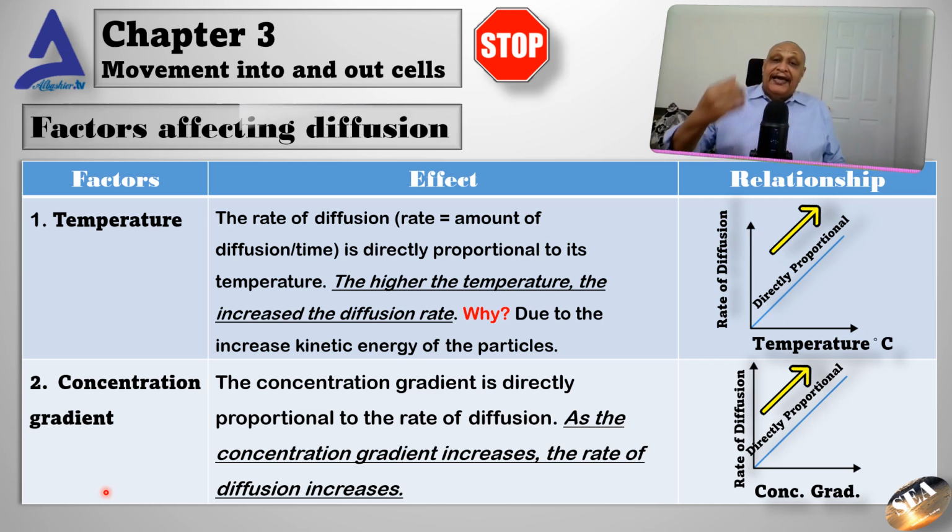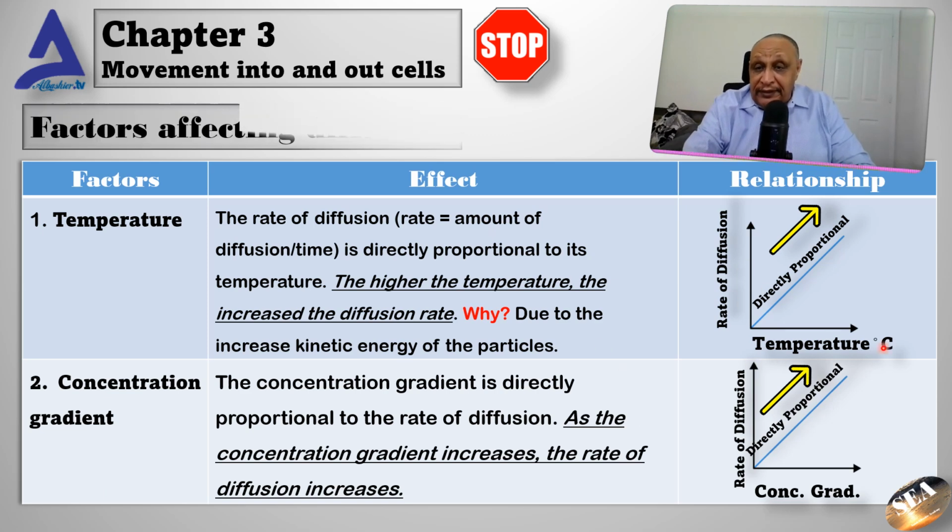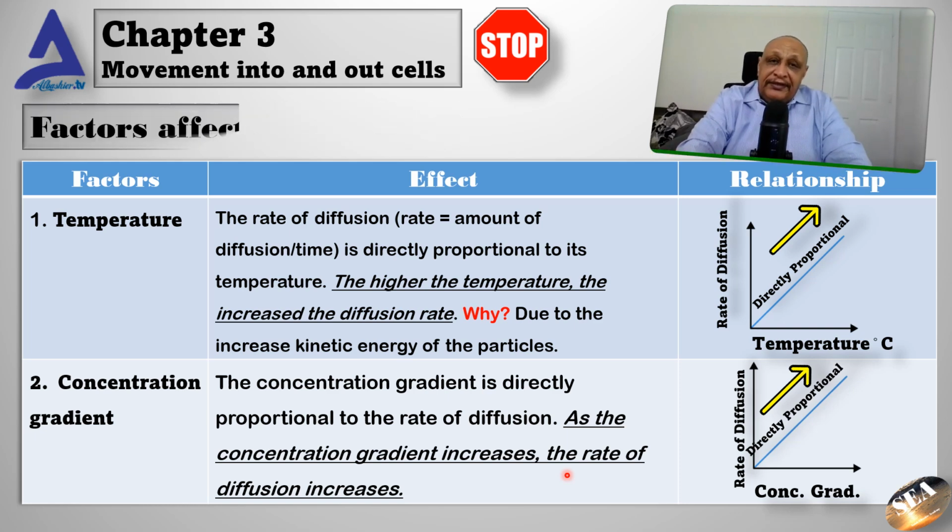So this is a direct proportional relationship, and this is the two against each other in this plot: the rate of diffusion and the concentration gradient.